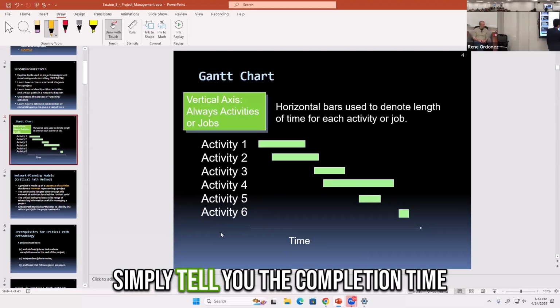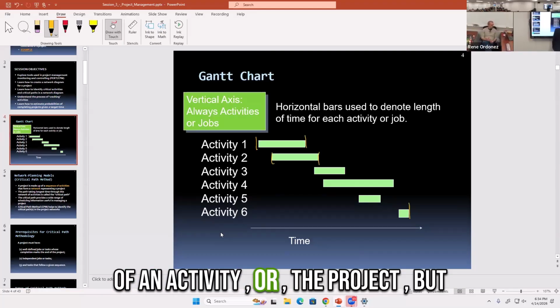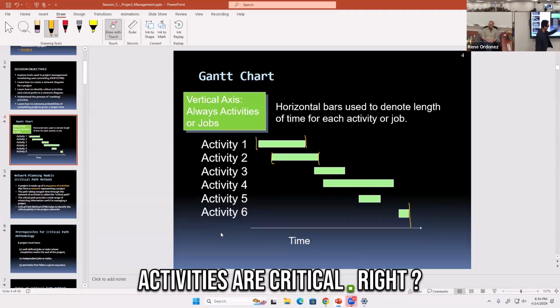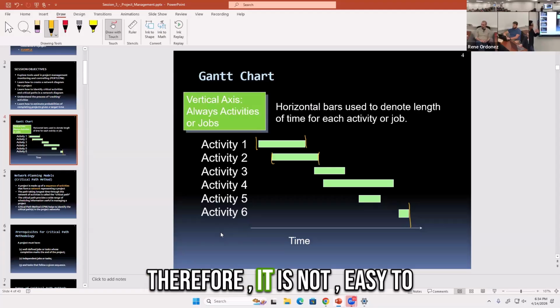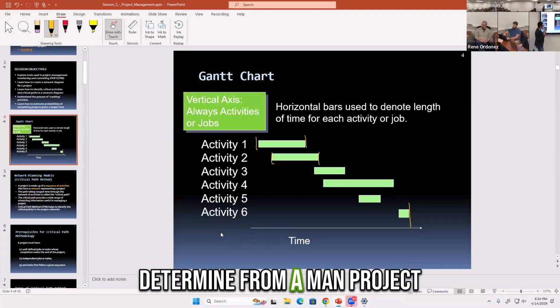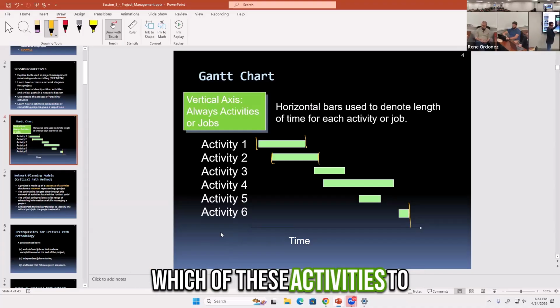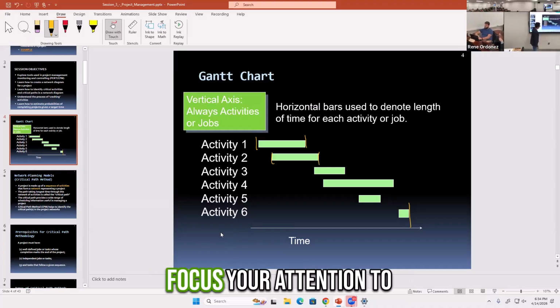A Gantt chart will simply tell you the completion time of an activity or the project, but it doesn't tell you which of these activities are critical.